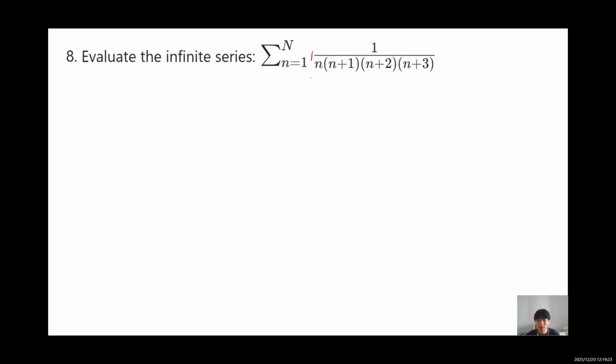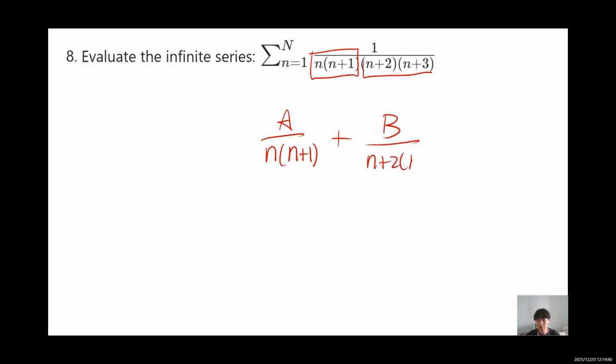Let's try. If we choose this, then it should be n plus 1 and this one is next. This one is the other one plus b, n plus 2, n plus 3.